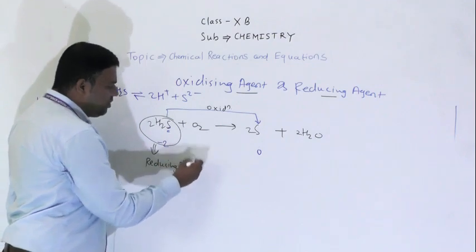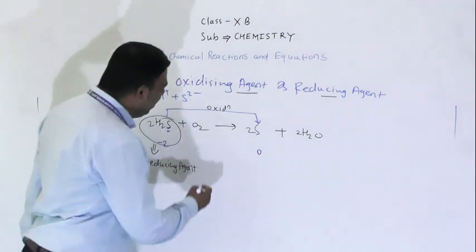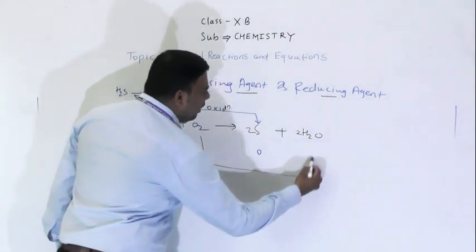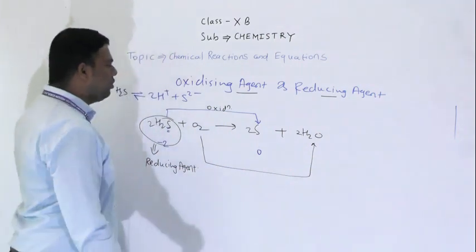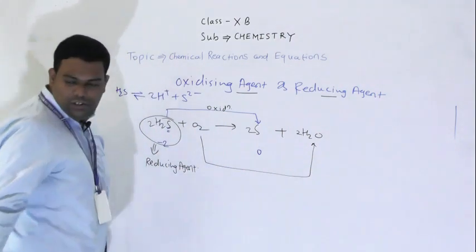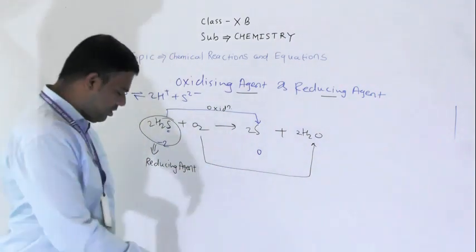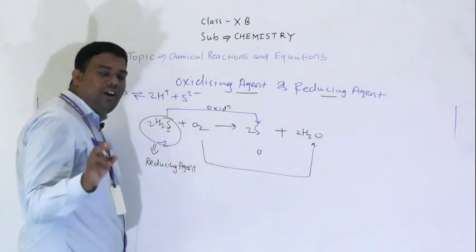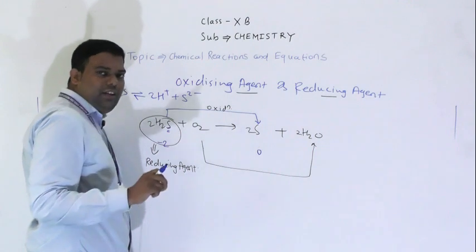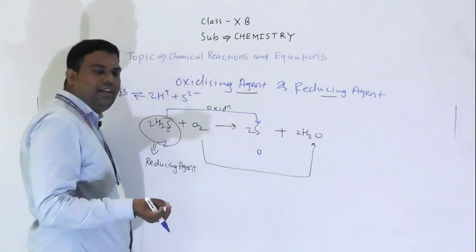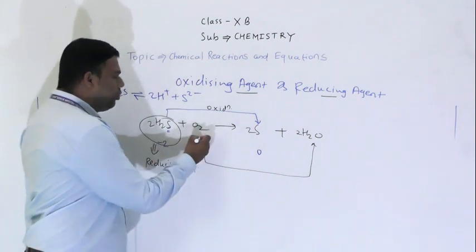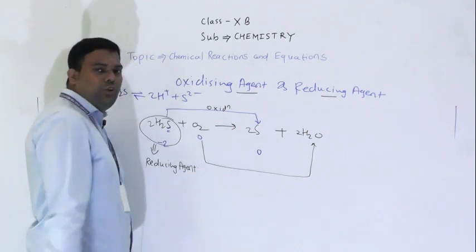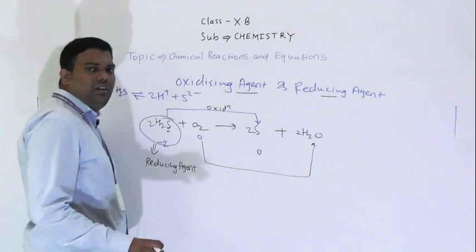Now from O2 to H2O, we will also cross-check with the charge. Whatever the elementary molecule or element, it is in the 0 state: O2, Cl2, Br2, mercury.